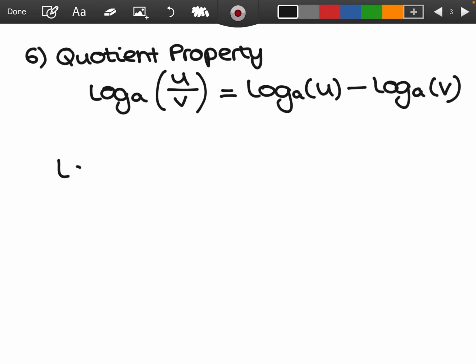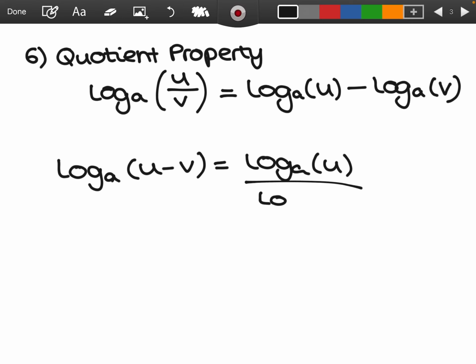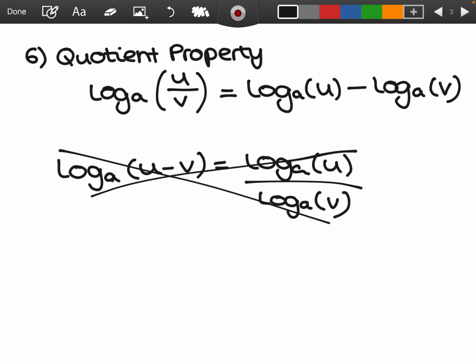Again, a lot of people try to turn this around and say that it's log base a of u minus v, so that we're subtracting inside the log, and then do log base a of u over log base a of v. Again, that is not true. So please make sure that you do the division inside the log, and that equals 2 logarithms subtracted from one another.